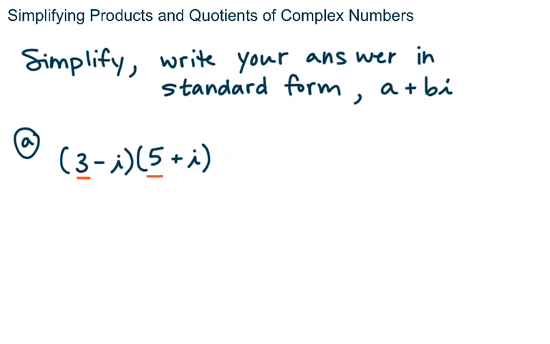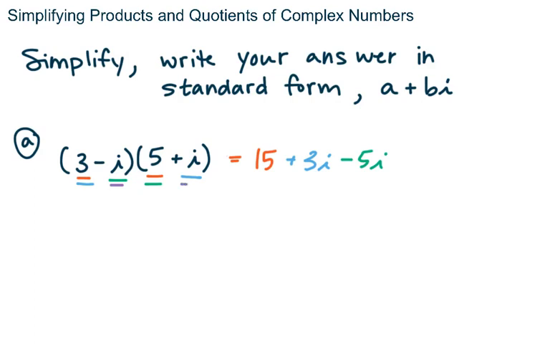So we will FOIL. 3 times 5 gives me 15, my first. My outer terms, that's going to be 3 times i. We have plus 3i. My inner terms, that's going to be negative i times 5, which is negative 5i.